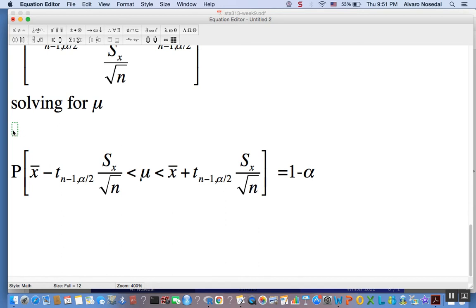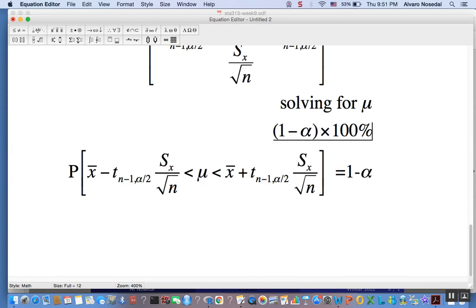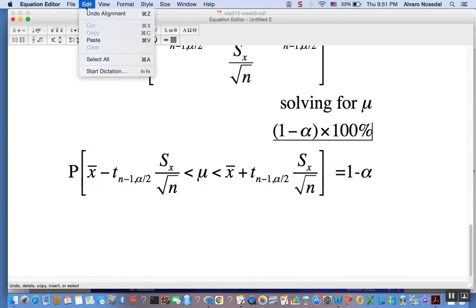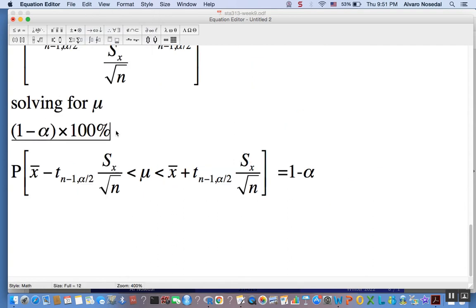Okay, so this is a 1 minus alpha times 100% credible interval for mu.